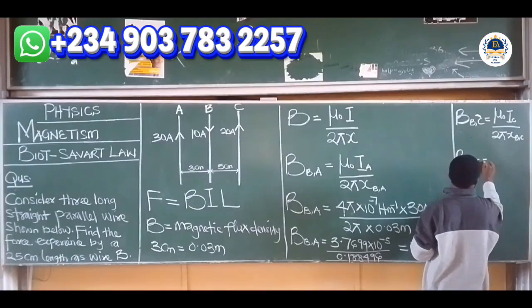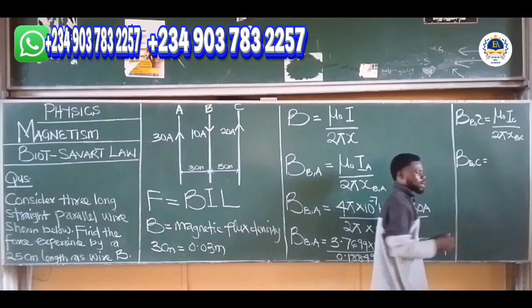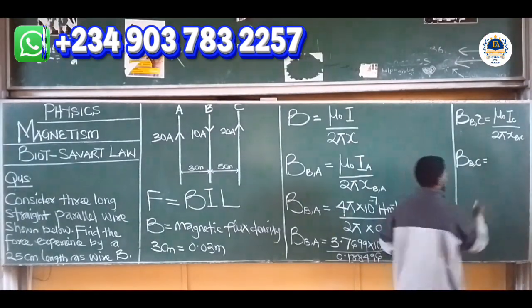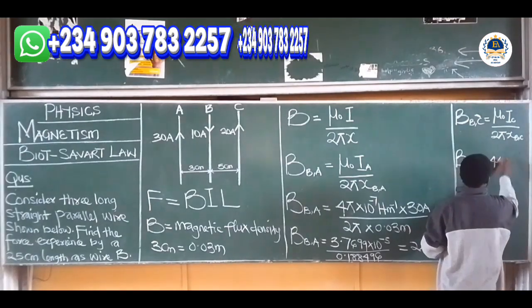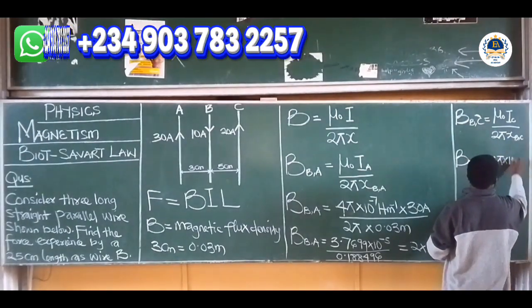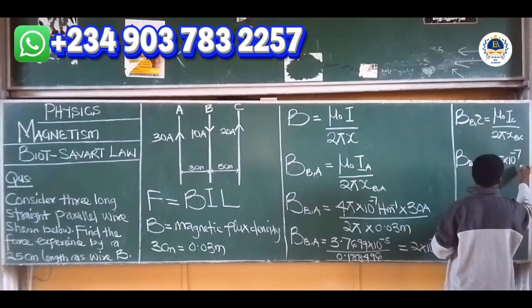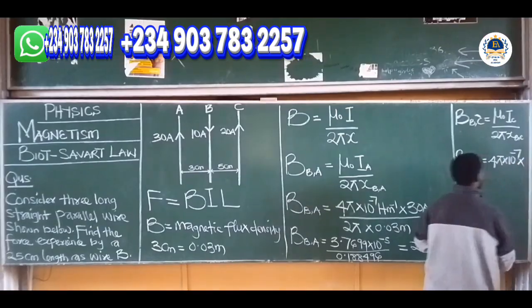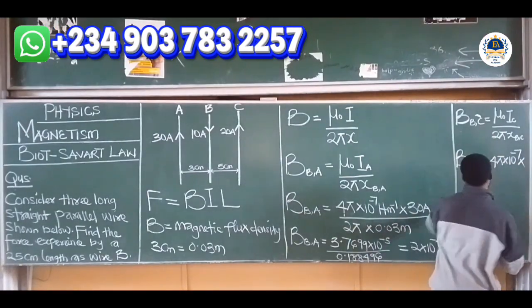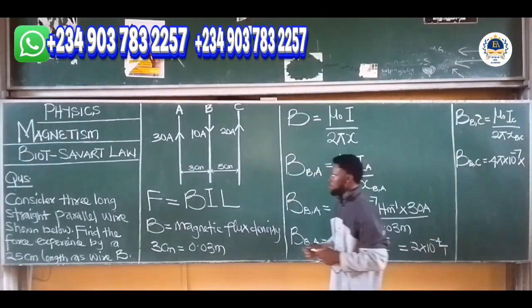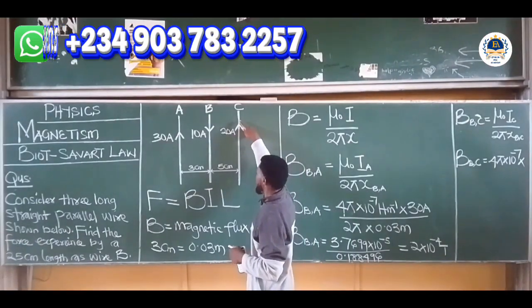B_C is equal to, now the constant for mu naught is 4 pi times 10 raised to the power of negative 7, multiplied by the current at C. The current at C is 20 ampere.